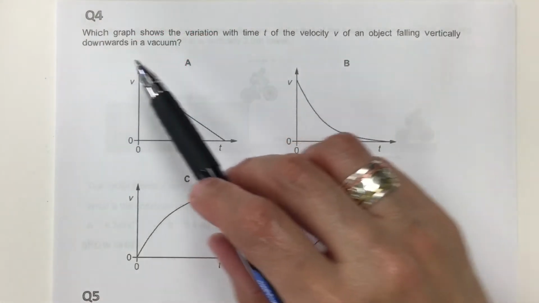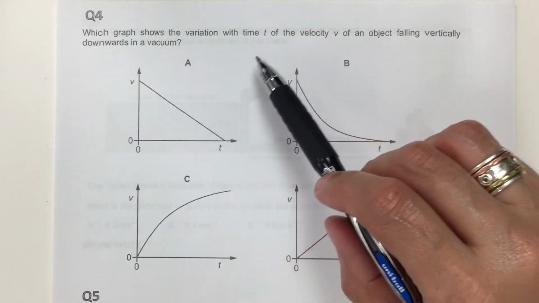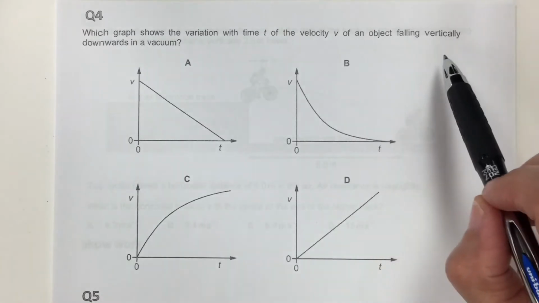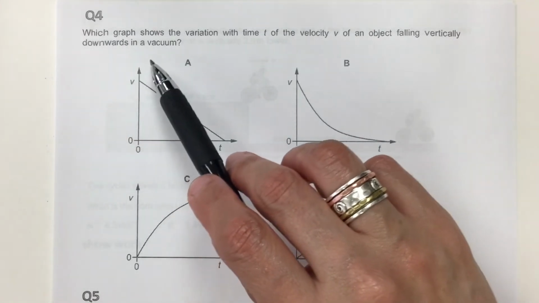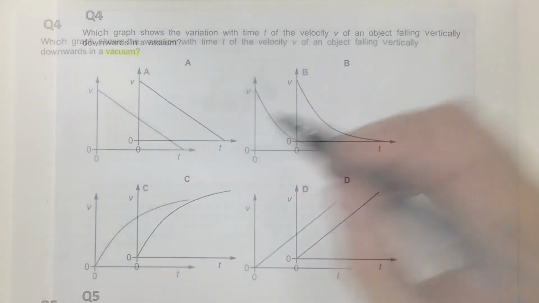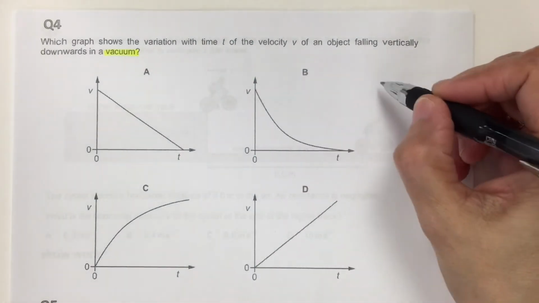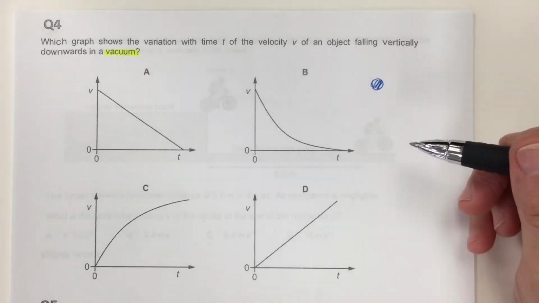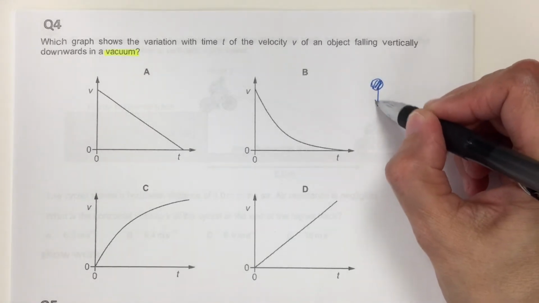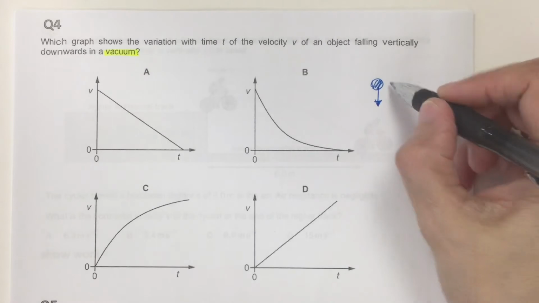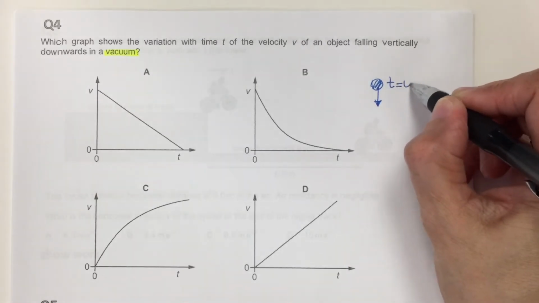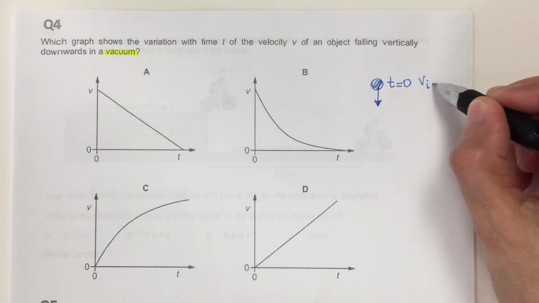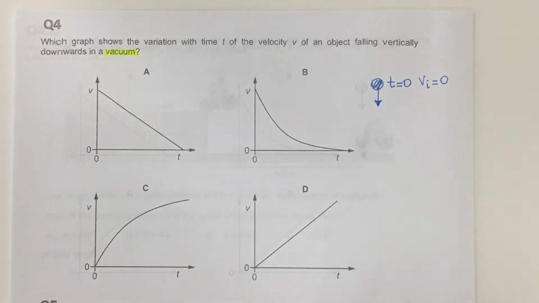Question 4. Which graph shows a variation with time t of the velocity v of an object falling vertically downwards in a vacuum? So let's see what happened with a vertical motion of an object falling vertically downwards. So let's say this is time 0 when this motion starts, and the initial velocity here is 0.